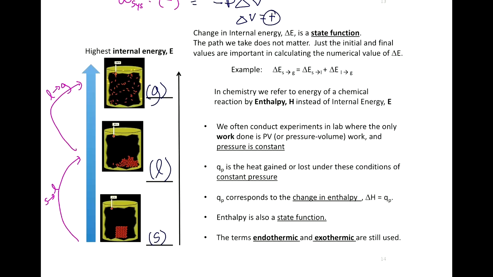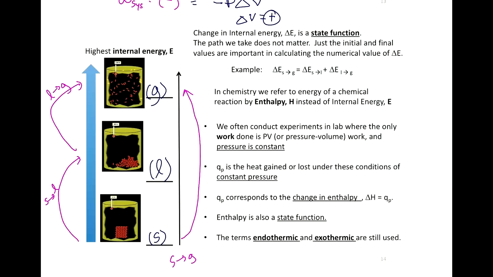We can actually also determine what is the energy change to turn a solid into a gas by adding up those steps. So these energy change steps are additive, meaning that delta E is a state function, meaning that all we care about is where we start and where we end. And we can take whatever path we want to get from beginning to end.